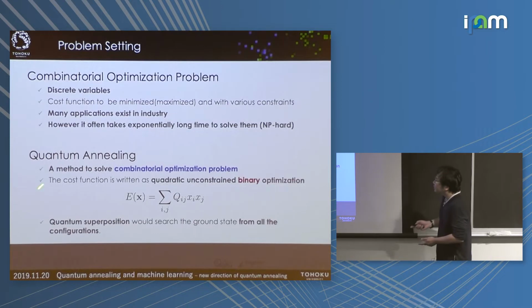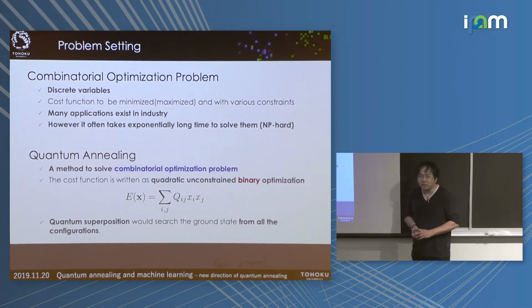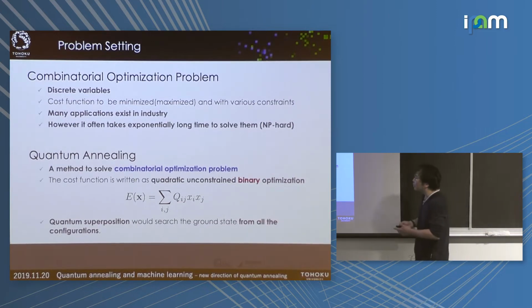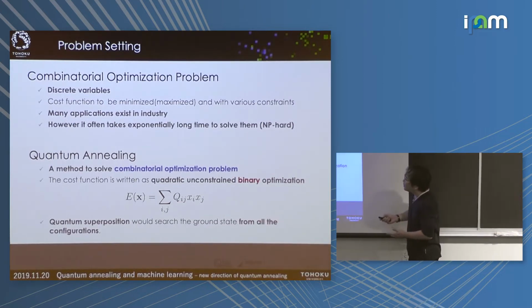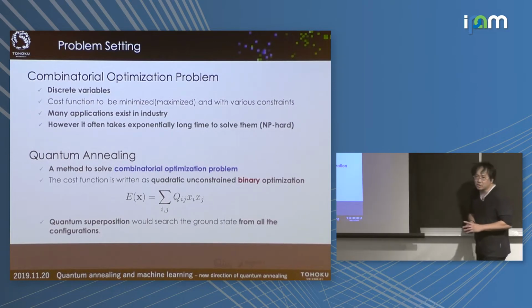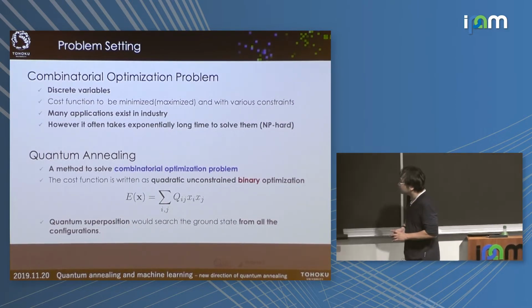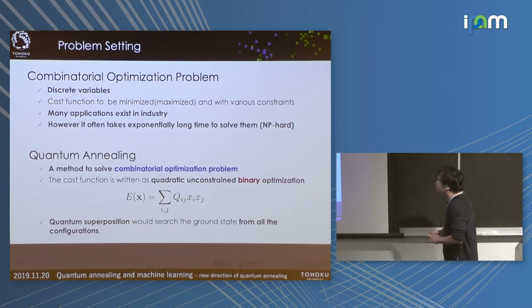But the quantum computer is not yet developed and established, so there are some restrictions. We have to write down the real application with the cost function written as a quadratic unconstrained binary optimization problem. This is one of the bottlenecks of the current situation of quantum annealing.